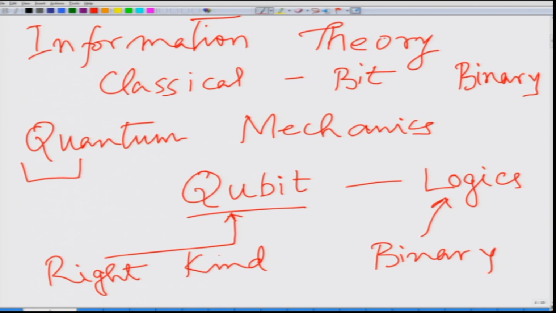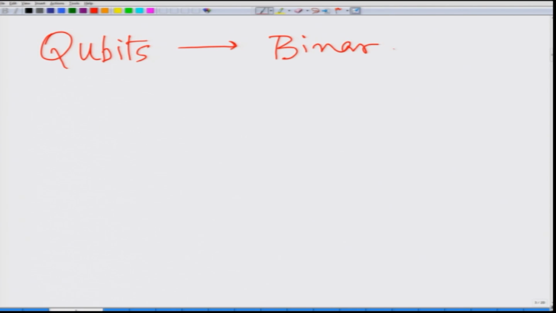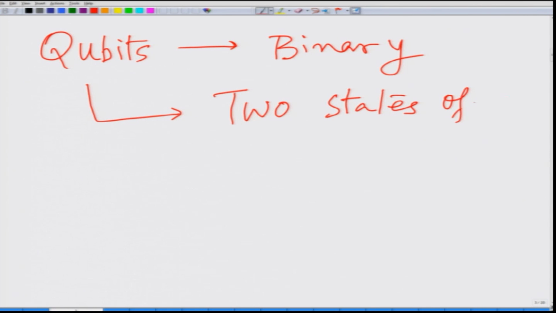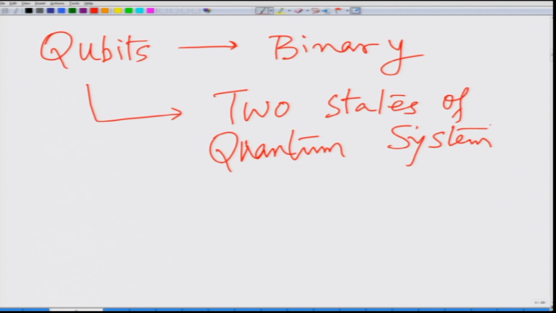So, the idea lies in coming up with qubits which can be looked at in a binary manner. A very common qubit can therefore be something like two states of a quantum system, just to follow the binary principle in the classical system.